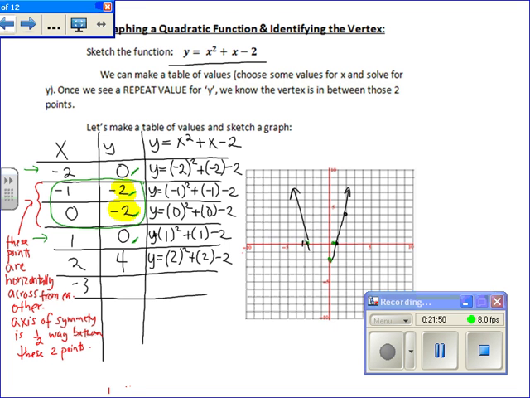Okay, so I'll try to come back down here and do my best. I haven't done a great job here with my sketching. Okay, but my line of symmetry is right here at x is equal to negative 1/2. Okay, there's my axis of symmetry.